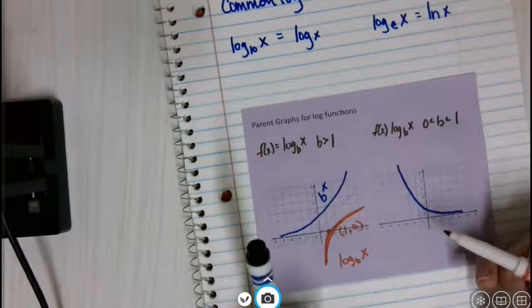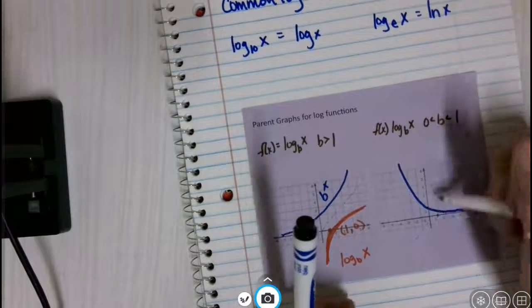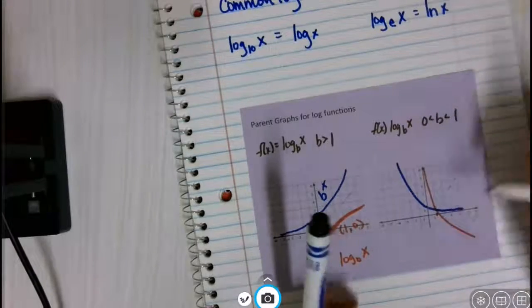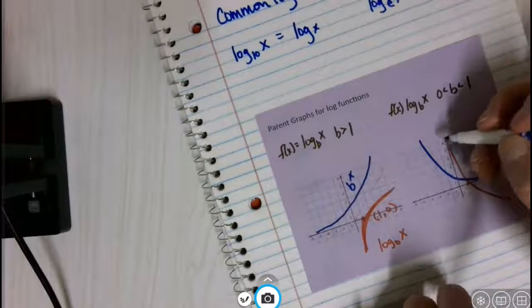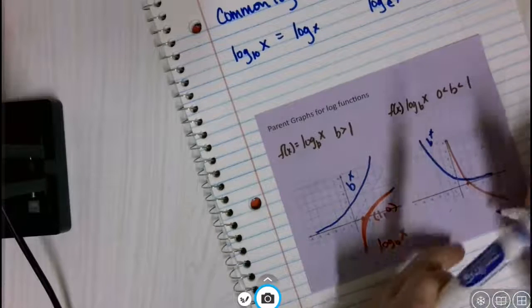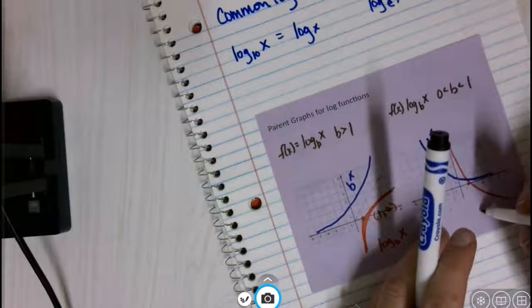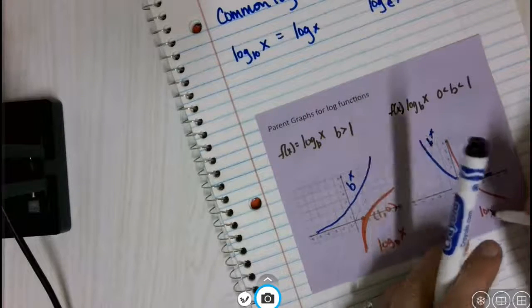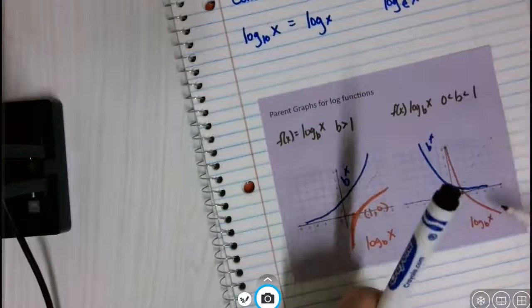My new function again crosses at (1, 0), and it looks something like this. I'm going to go ahead and label these. Again, we've got b to the negative x, which is what we looked at before. Here's the red one that we're really looking at, when my b is that fraction: log base b of x.